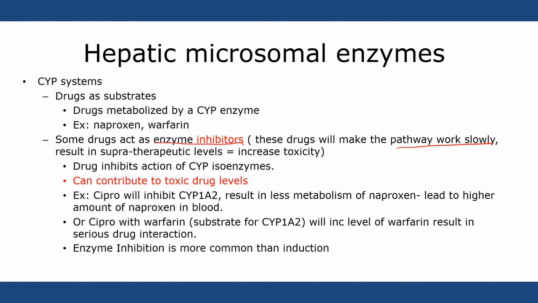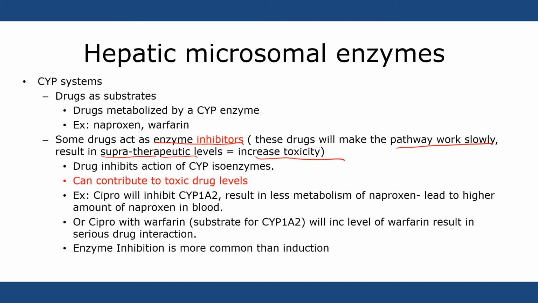Now, what happens when you slow down the metabolism? Well, you are taking longer to excrete that drug from the system. If it stays in the system longer, you are increasing the toxicity of that drug. So in other words, when you do the blood level, it will be supratherapeutic. Supra means above the therapeutic range.